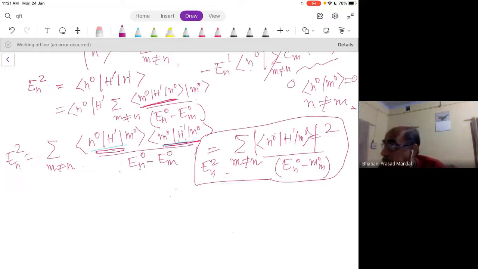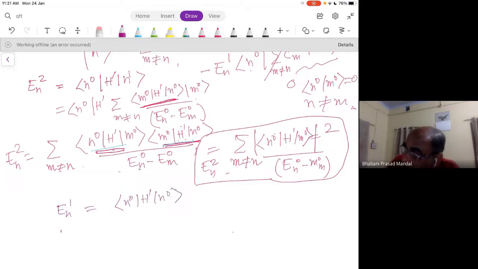I'll try to say. Okay, so three formulas we obtained, and that's all. These three formulas are all you need for any competitive exam. First is n0 h prime n0, this is the first order energy correction. Then E2 is already written. And then the first order correction to the state, En1 prime, was the sum over m not equal to n of m0 h prime n0 over En0 minus Em0, times m0.